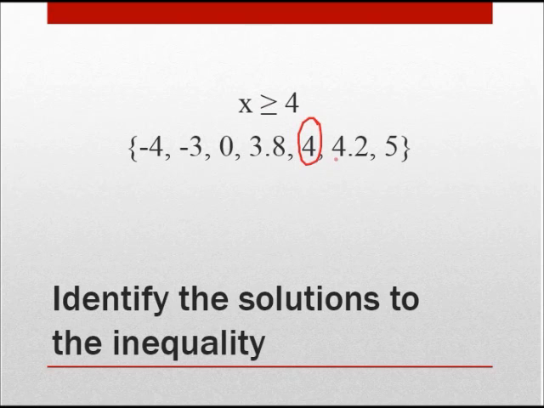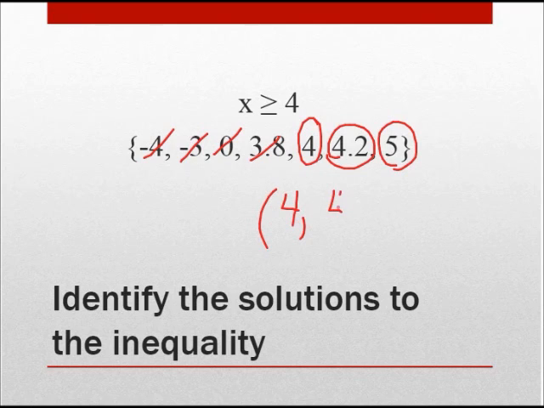So 4 applies to that. 4.2 is greater than 4. 5 is greater than 4. These numbers are all less than 4, so they are not part of the solution set. Our solution set is 4, 4.2, and 5.